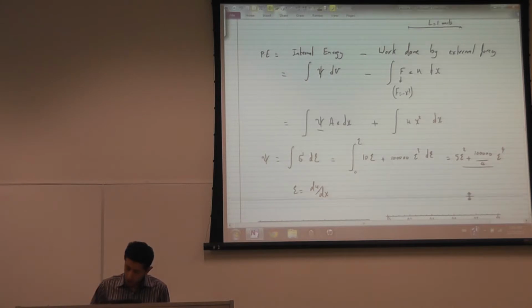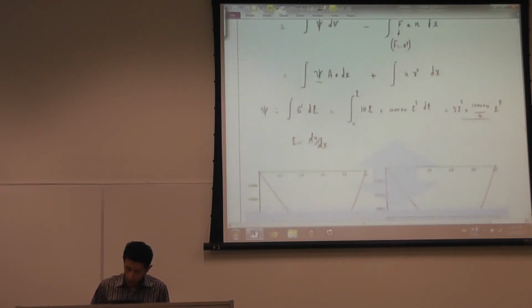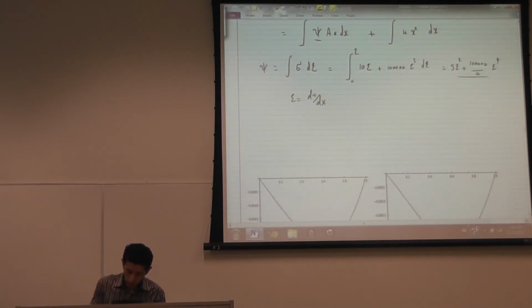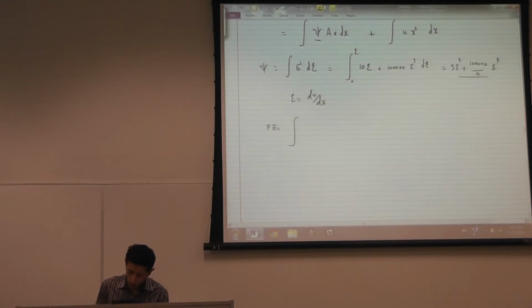And so the potential energy will be equal to the integral of C area dx plus x squared u integrated over dx, and this is a function of A2.